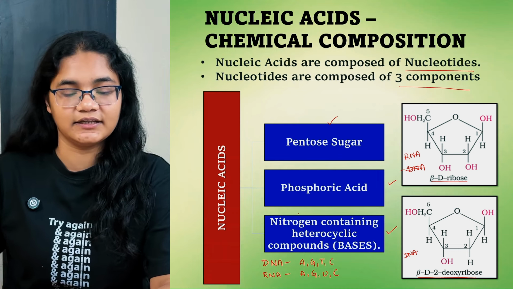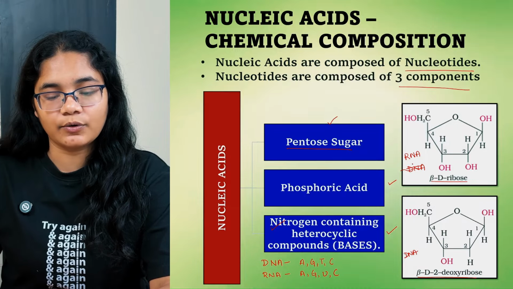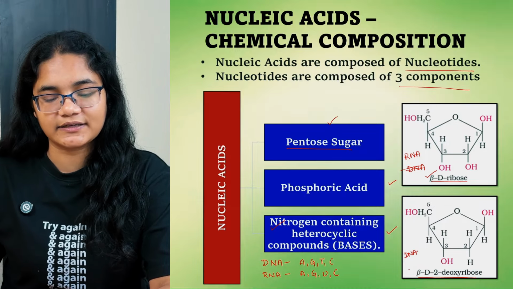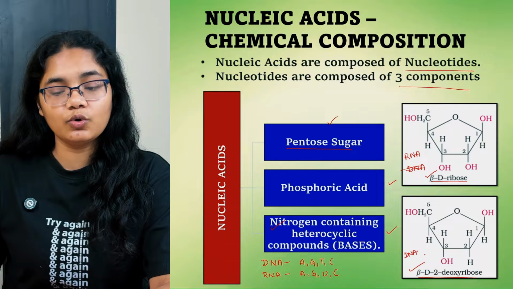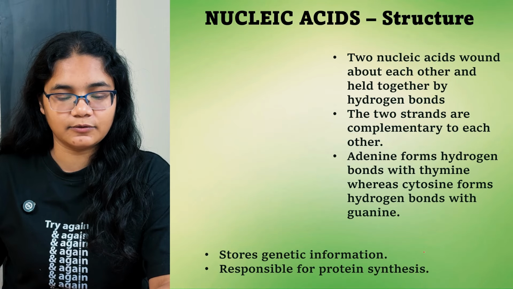That is the difference in the nitrogenous bases, and we have also seen the difference in the sugar. So in RNA we have beta D ribose, whereas in DNA we have beta D 2 deoxyribose.